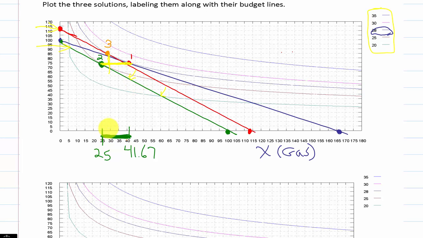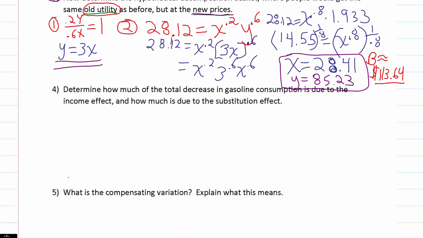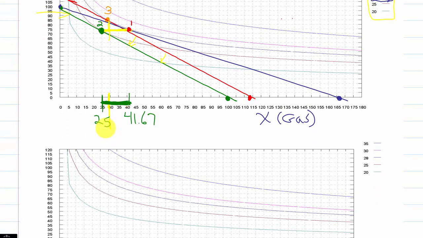So when we split this total impact into 2 pieces, that X number is 28.41 units. Let me write that down. 28.41. So we see the total decrease there is about 16.67 units. This smaller part right here between 25 and 28.41, or 3.41 units, that is the income effect. Very small in this case.